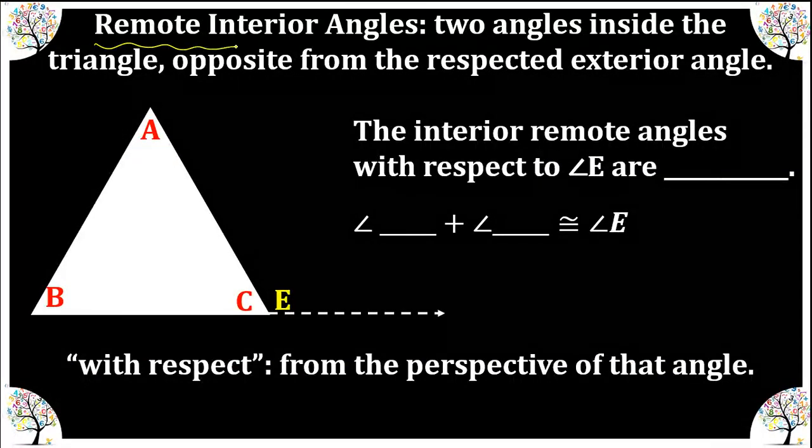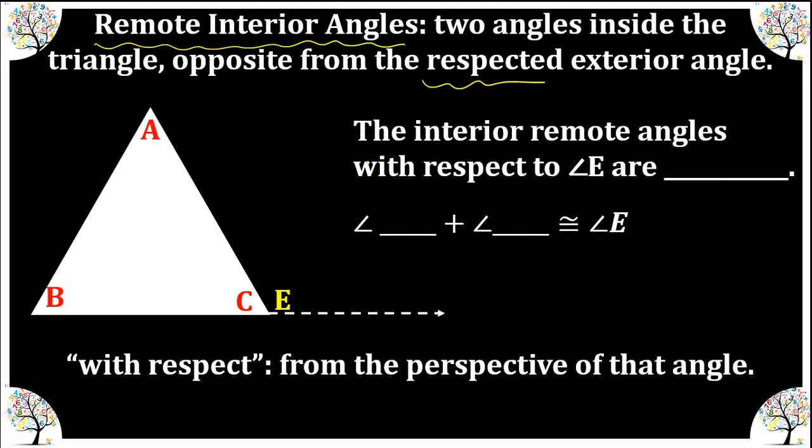Now let's talk about remote interior angles. These are two inside angles that have a larger distance from an exterior angle. So we're going to use the word respect when we talk about remote interior angles. And with respect just means from the perspective of that angle.